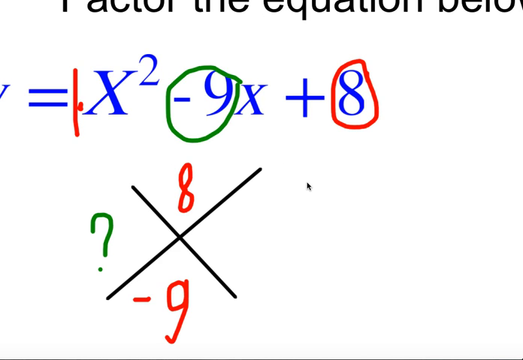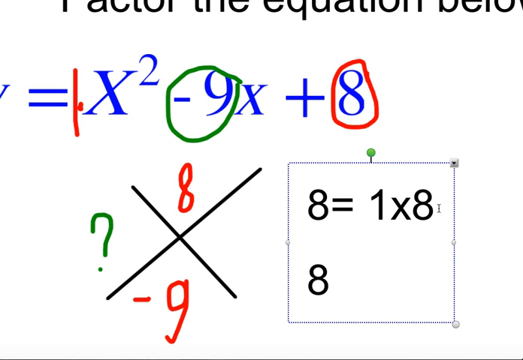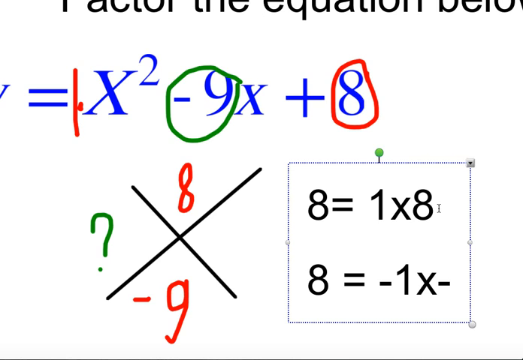I'm going to start with the easiest number in the world. 1 times what gives us 8? 1 times 8 gives us 8. What else? Also, minus 1 times minus 8 gives us 8.